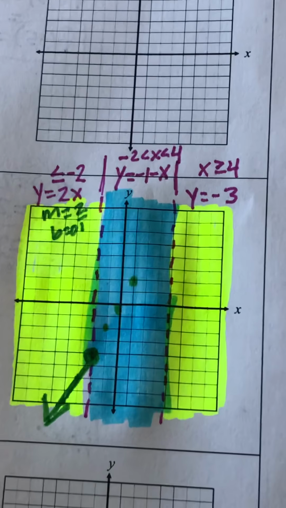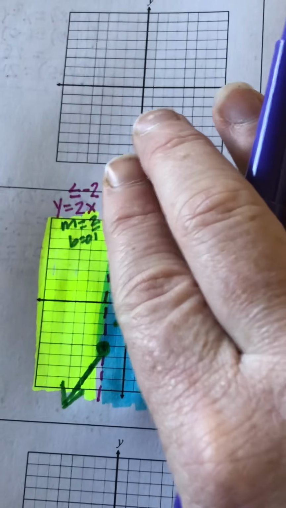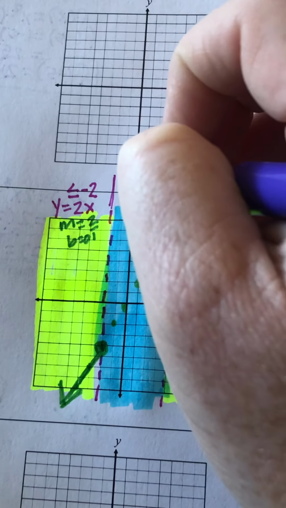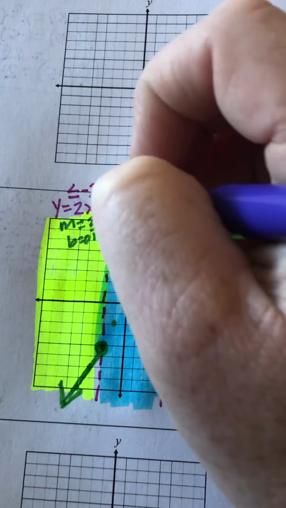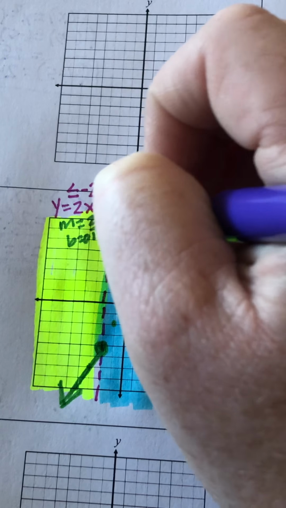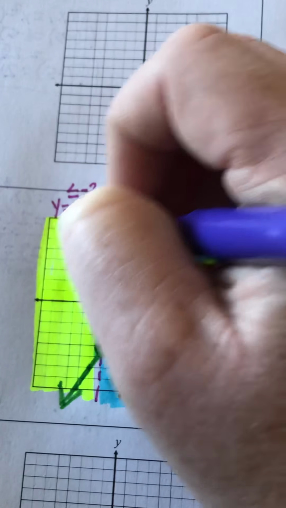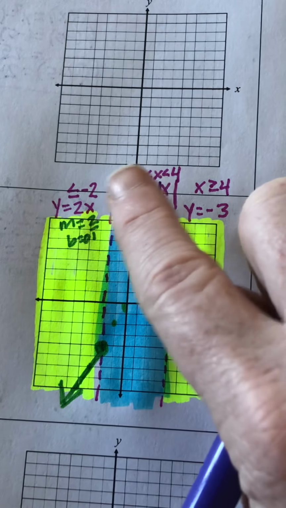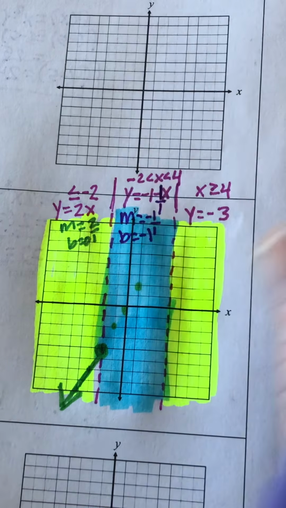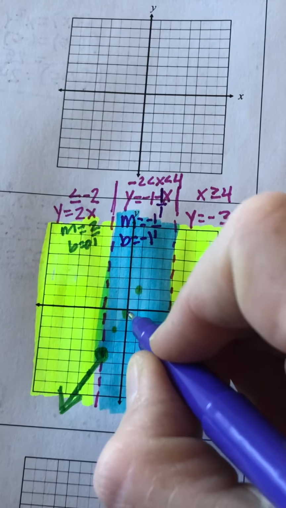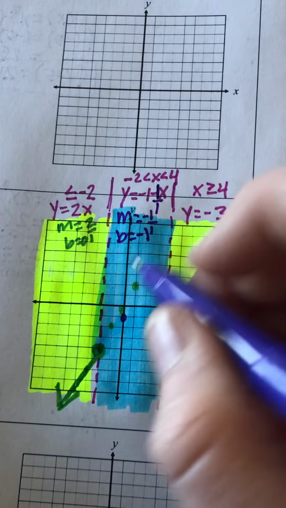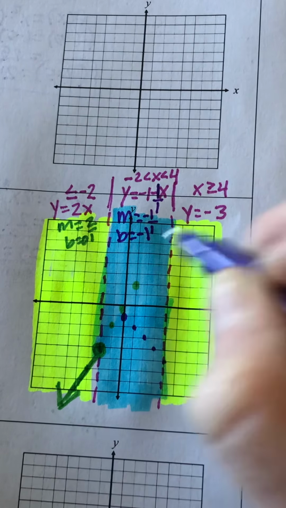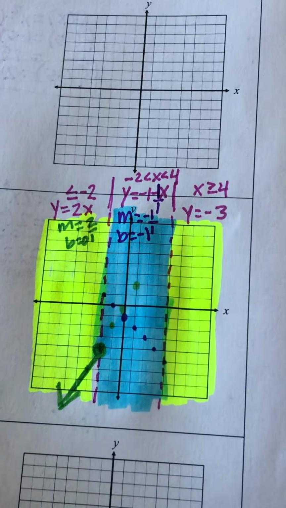So, next one, let me zoom out, see if I can get a little brighter here. Okay, so this is a slope of -1 over 1 and a b of -1. Okay, so the slope is what's with x and the b is the other number. So I'm going to start at -1 and I'm going to go down 1 right 1 because it's a negative slope, and then up 1 left 1.